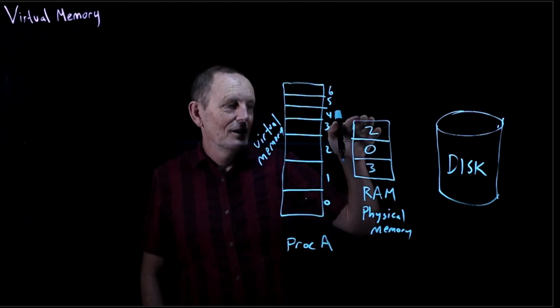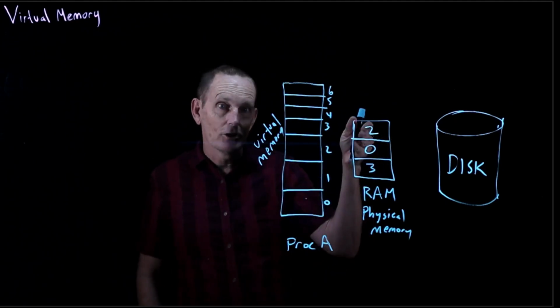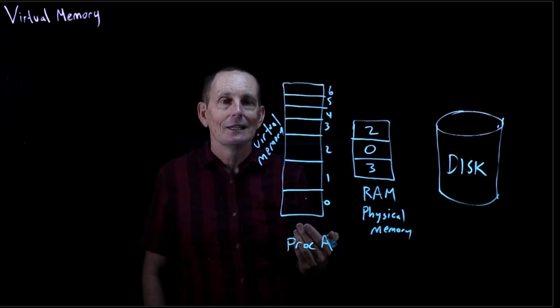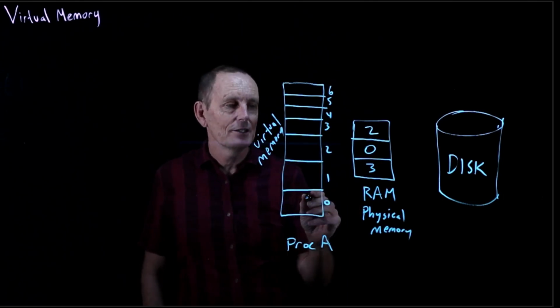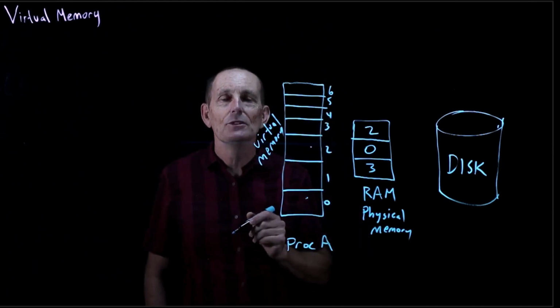As long as the code of the process is only using pages 0, 2, and 3, and certainly the code is in one of these pages, everything is moving along hunky-dory. The problem occurs when the process tries to use some other page, not 0, not 2, and not 3. Let's say it uses page 4.